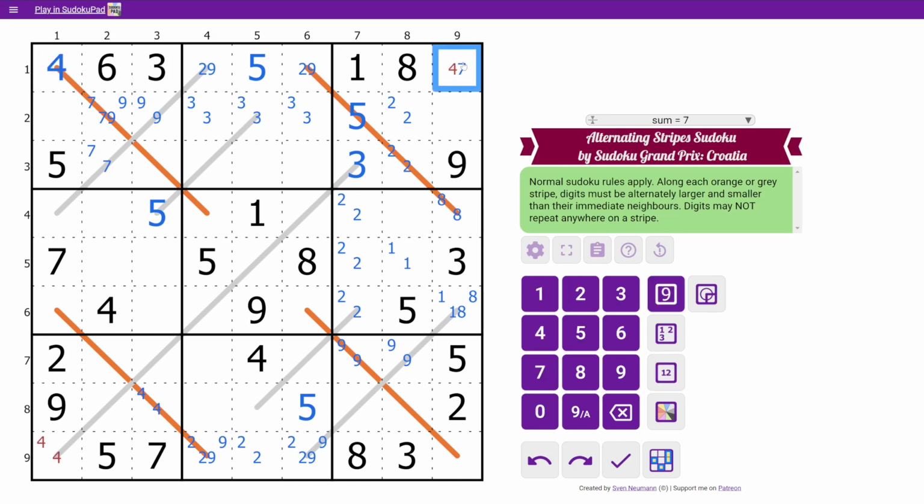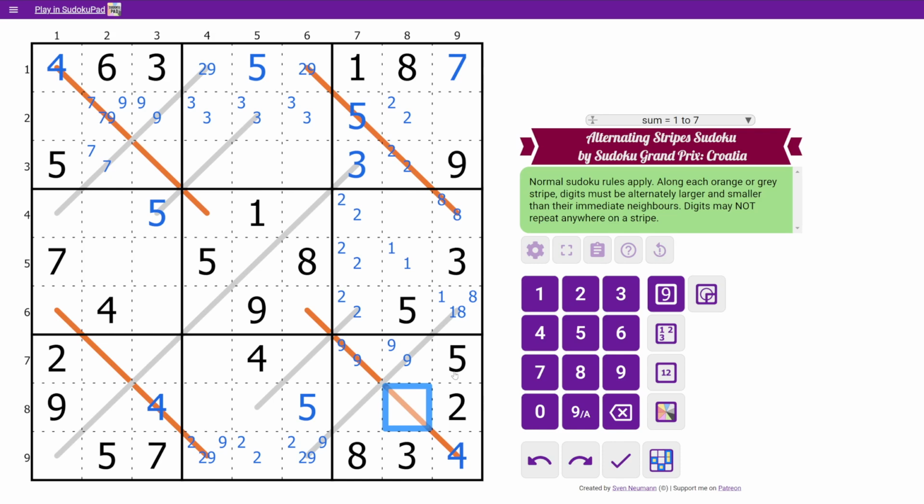Right, but I don't think that's wrong to this point, because I think that's all just Sudoku. But still, larger and smaller than their immediate neighbors, does that mean this has to go up because both of these are smaller?